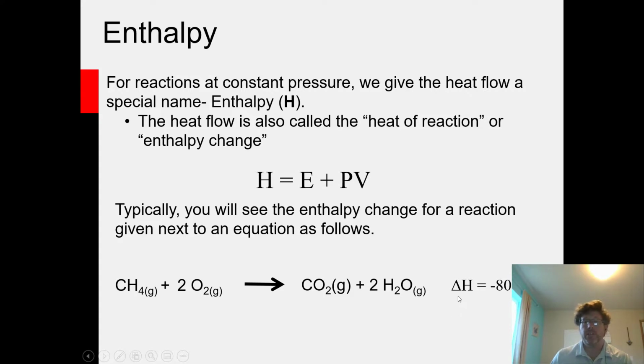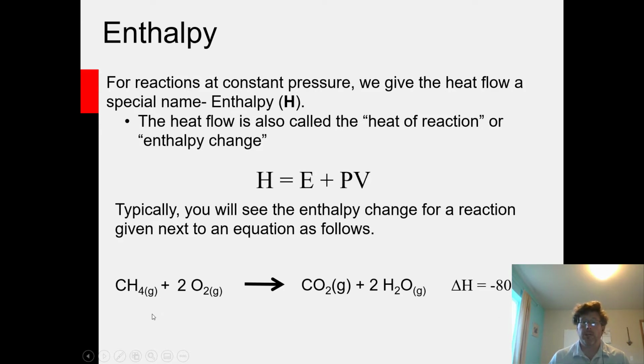Based on calorimetry studies, we can say, under a typical set of conditions, how much heat this chemical reaction is going to release. And we can start cataloging the amount of heat gained or released by these chemical reactions, and we can list it as an enthalpy change next to the reaction. So for the burning of 1 mole of methane, this should release 802 kilojoules of heat.